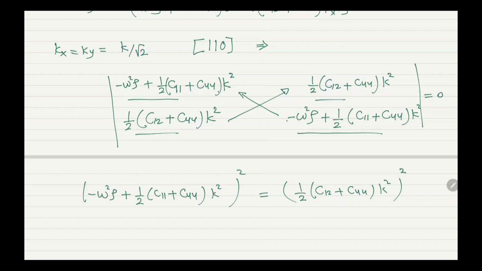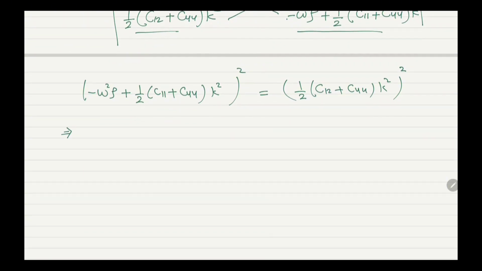Now, by taking the root for these two equations, you will see that minus omega square rho plus half (C11 plus C44) k square is actually equal to plus or minus half (C12 plus C44) k square.